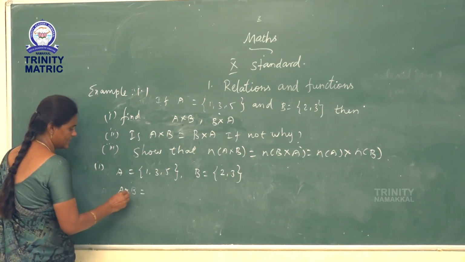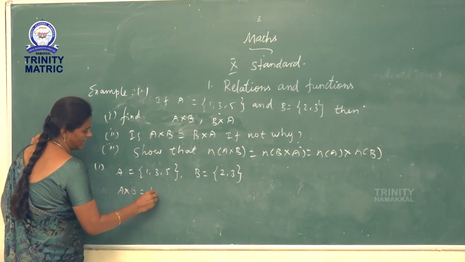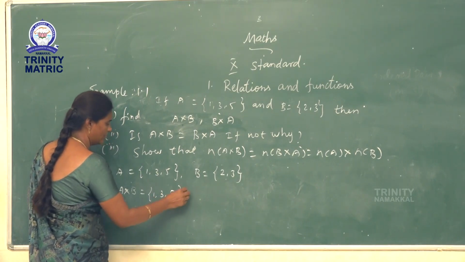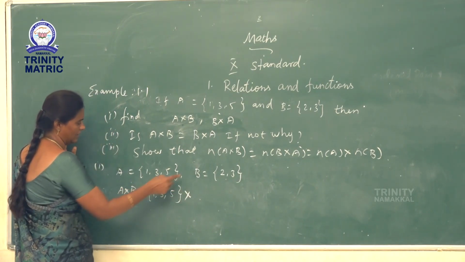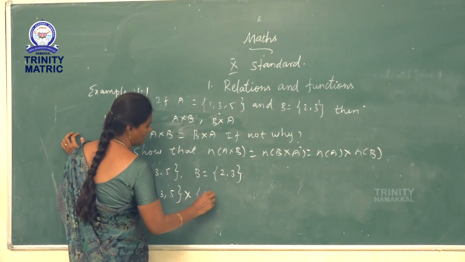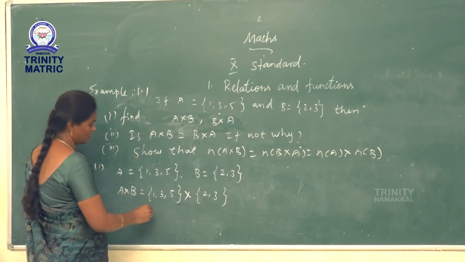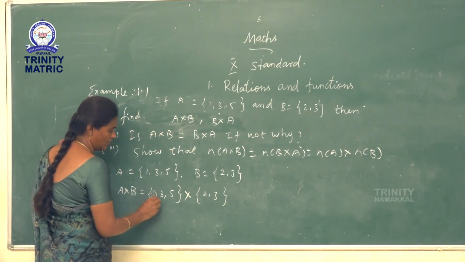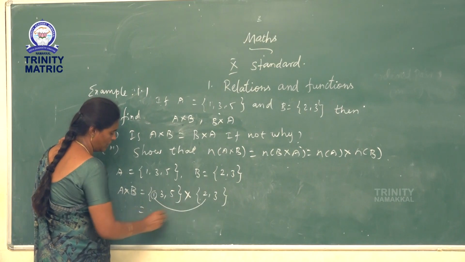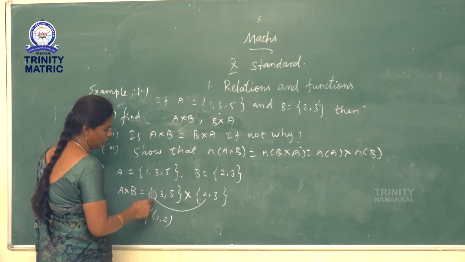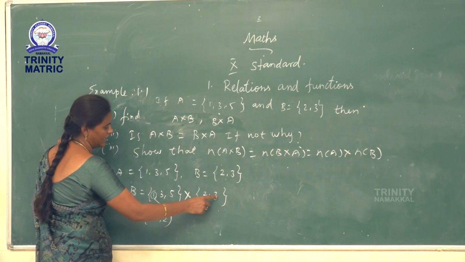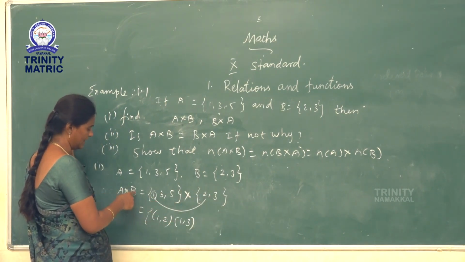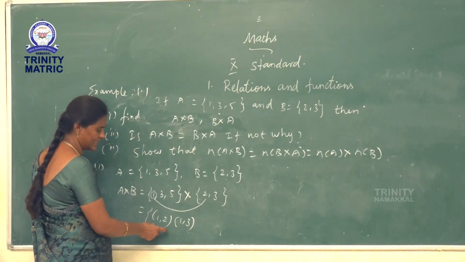Here the first set is A, so we write the elements of the first set: 1, 3, 5, cross. Here the set is B. Write the elements of B: 2, 3. Now we cross these two sets. The elements in the Cartesian product are a set of ordered pairs.